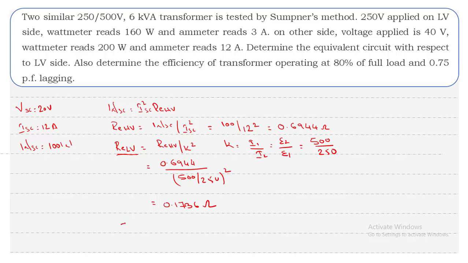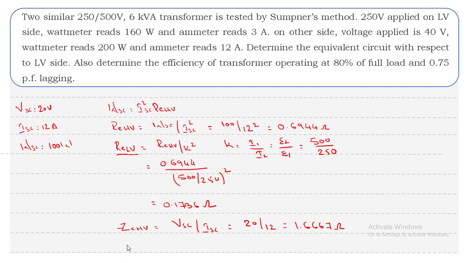Now get equivalent impedance with respect to HV side, that is equal to VSC divided by ISC, and we know the value of VSC and ISC as 20 by 12. Hence, that is equal to 1.667 ohms.